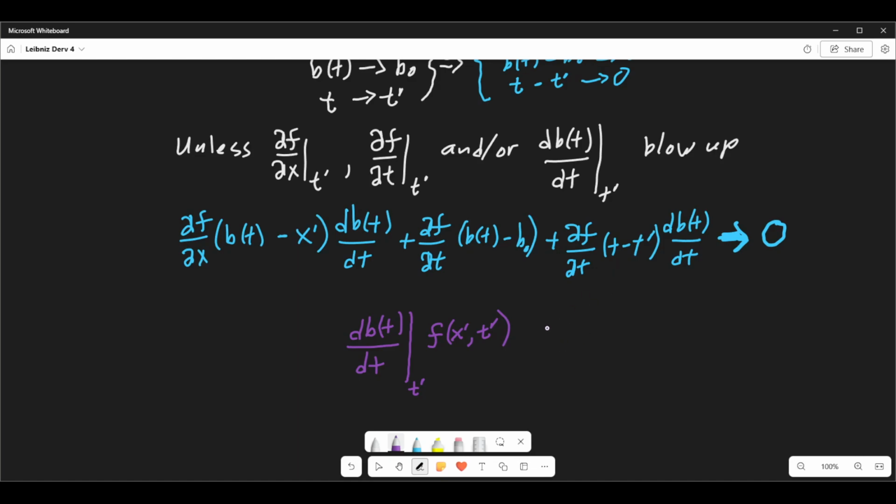And then basically use the fact that x prime equals b of t prime, by definition.